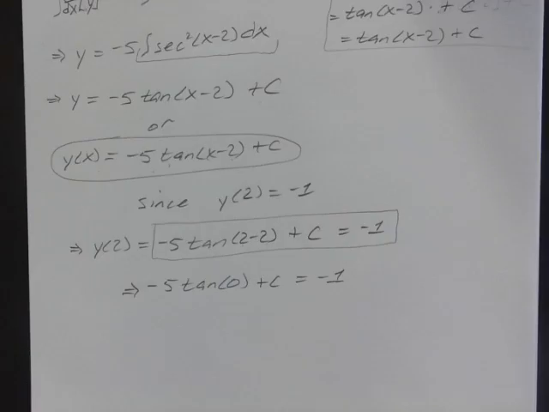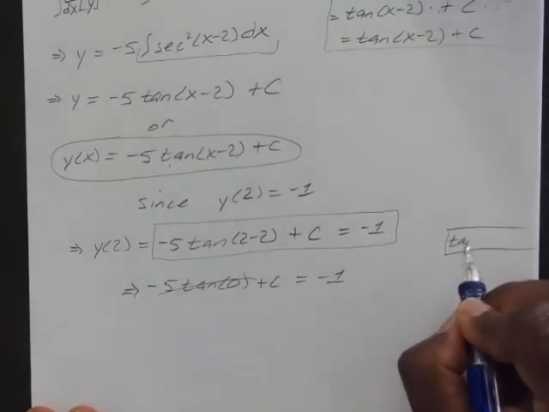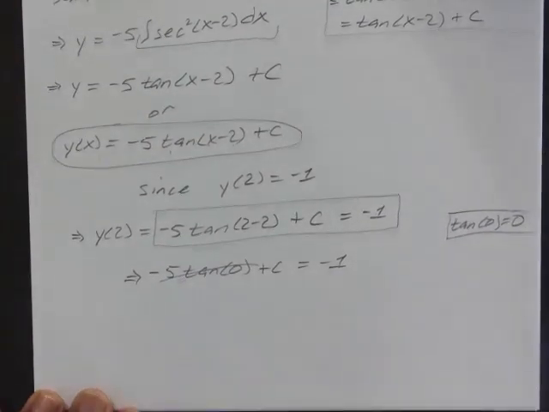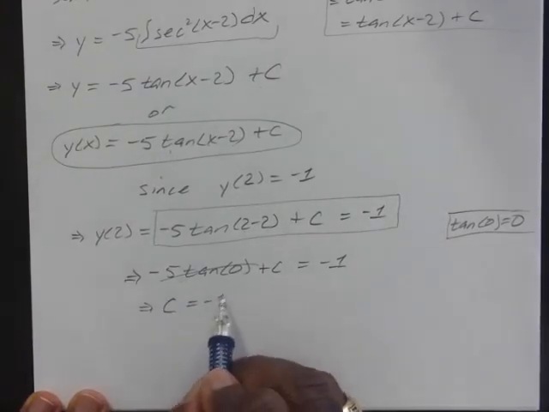Well, tangent of 0 is equal to 0, so that disappears. And let me write a little side note: tangent of 0 equals 0. So we're left with c is equal to negative 1.